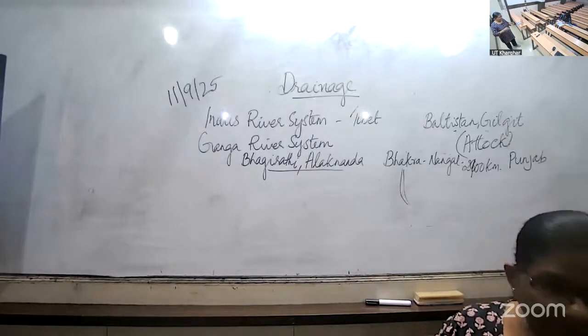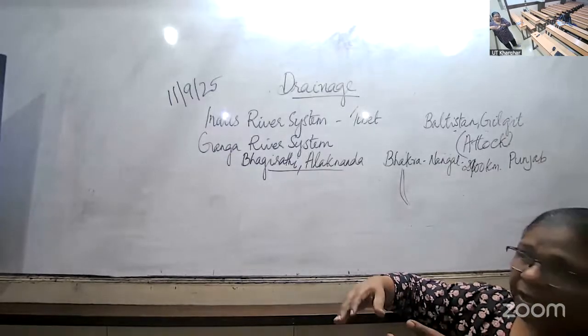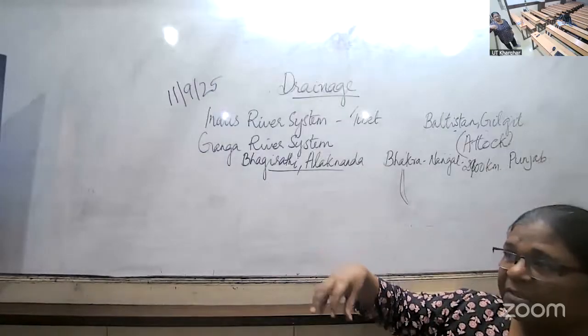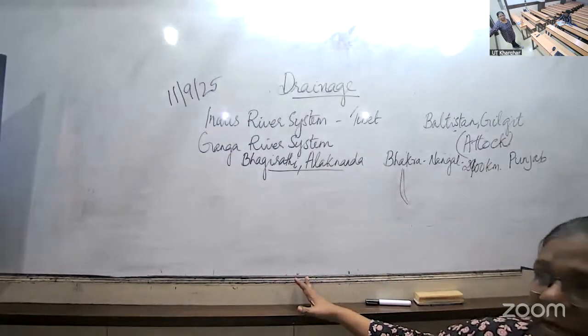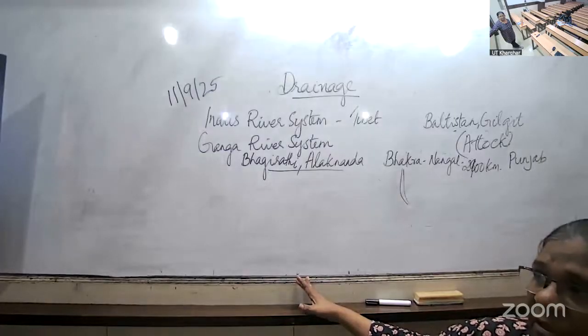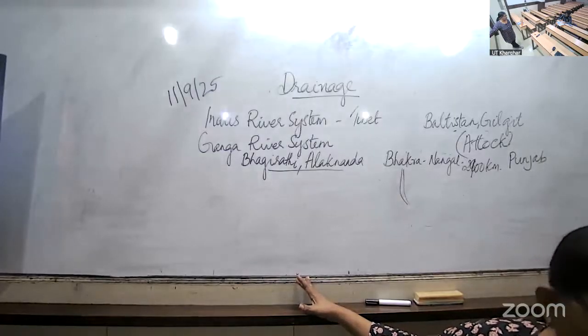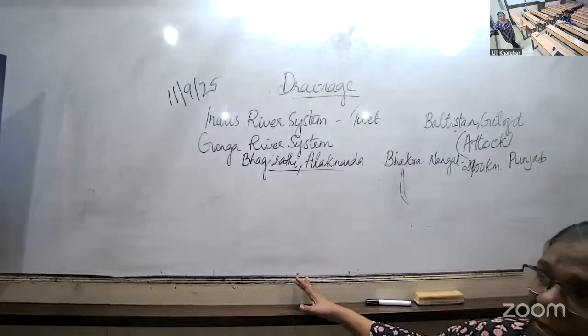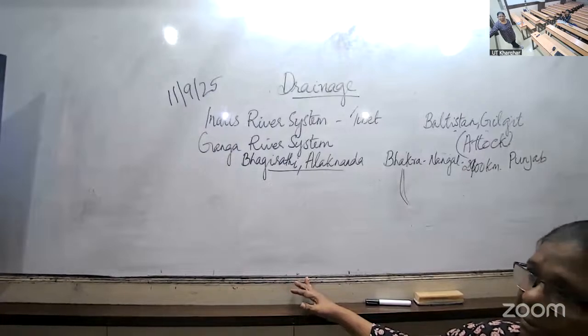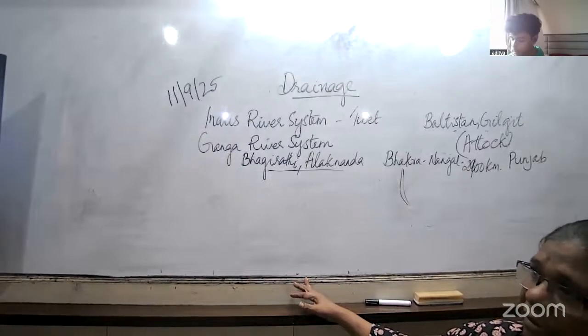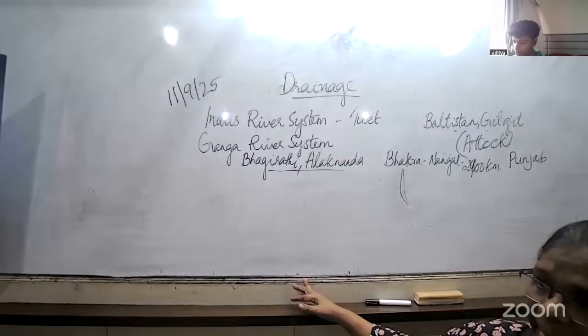Devaprayag. Then after joining, at which place is it known as Ganga? Haridwar. From Haridwar it is known as Ganga. Is it clear? Continue. At Haridwar, the Ganga emerges from the mountains onto the plains.